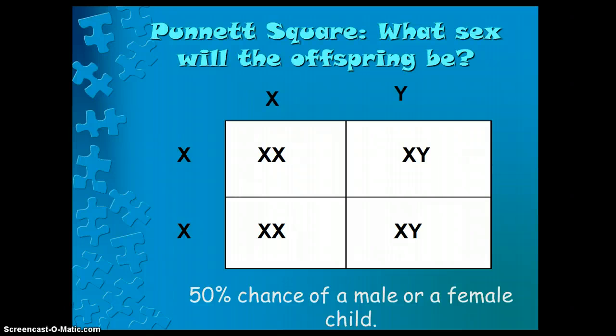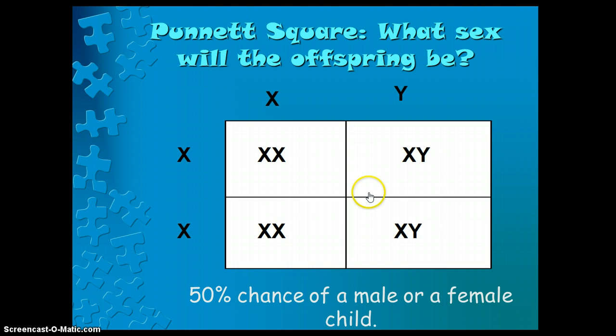There's a 50-50 chance of male or female, and the reason for this is that females carry the XX chromosomes, so they can only produce cells that have one of the X genes, while men produce XY.